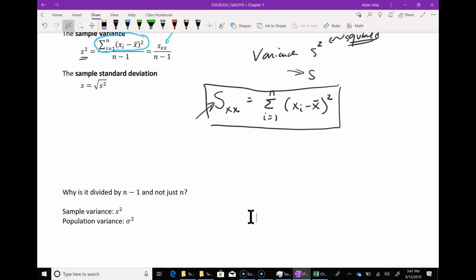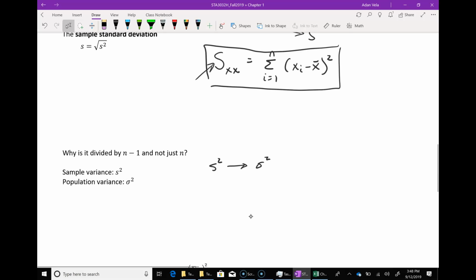In the same way, we can use the sample variance to tell us something about the population variance. So how is data spread, or how are the heights of students spread over UCF? Really what we want is for S squared to tell us something about sigma squared.